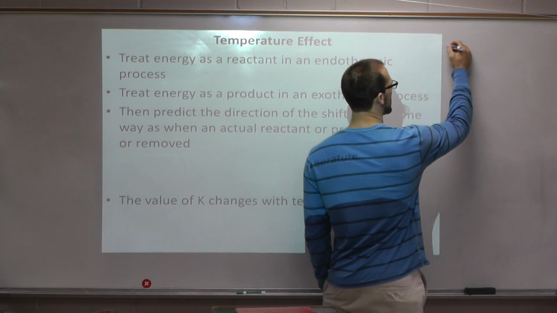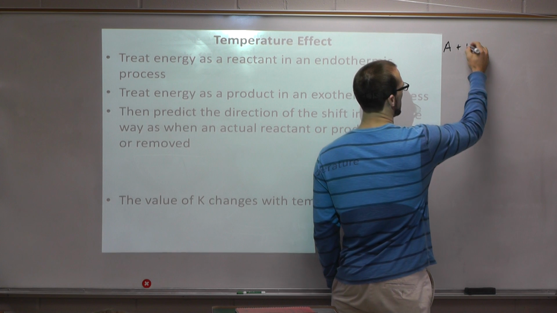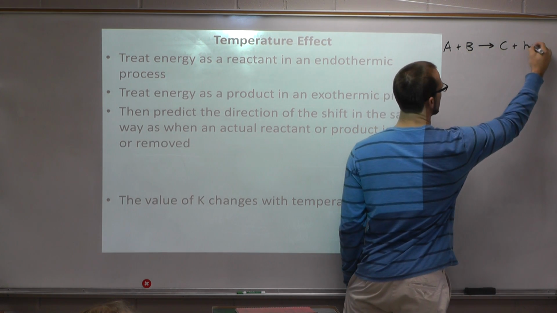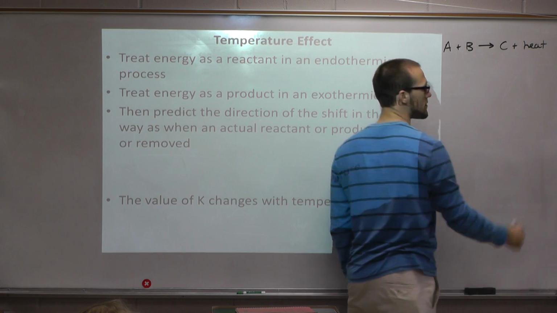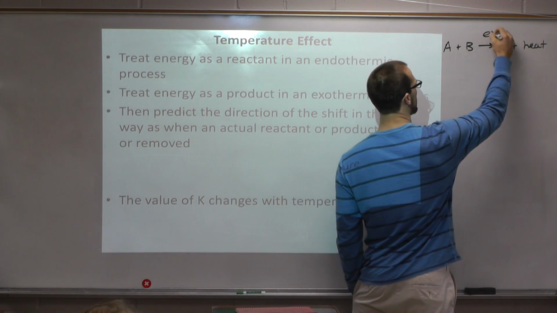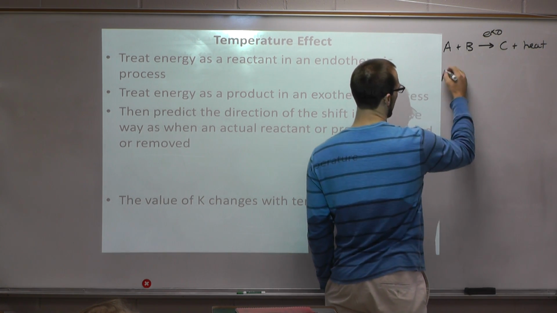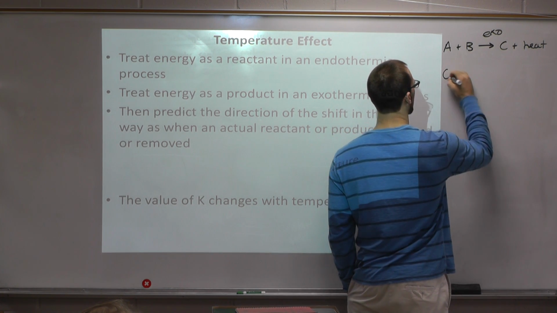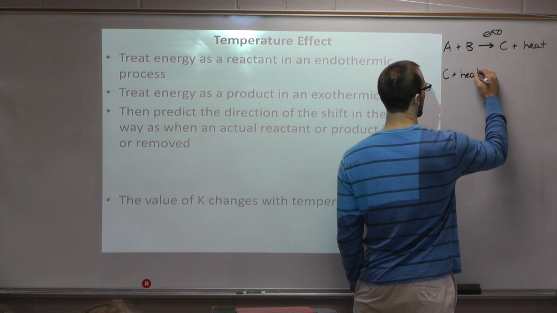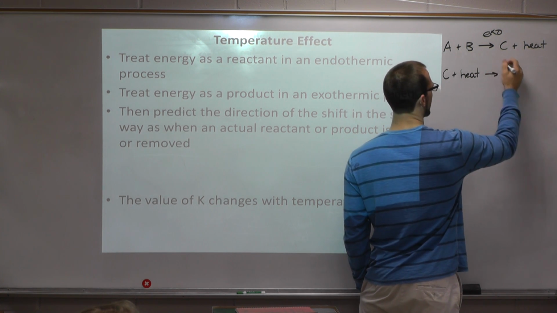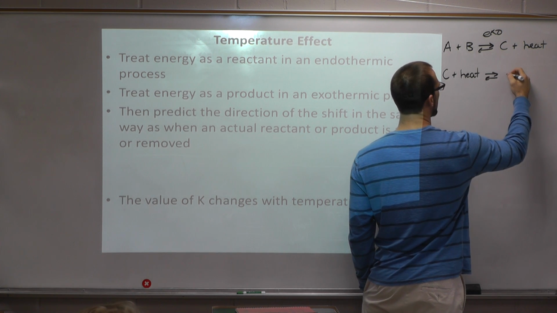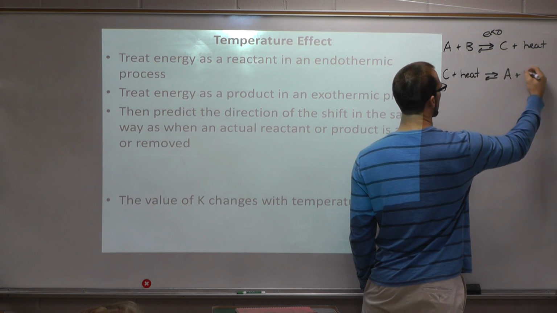I'm going to give you a generic example. A plus B equals C plus heat. Which is that? Exo, okay. And I'll just reverse it, just make it easy. What'd you say? Endo. So the reverse reaction is always the opposite, endo or exo, of the forward reaction, which makes sense.